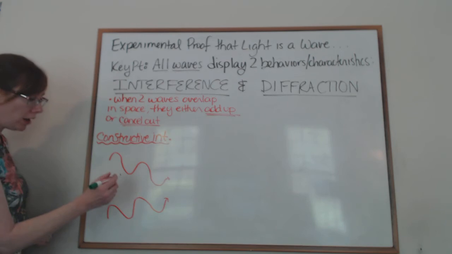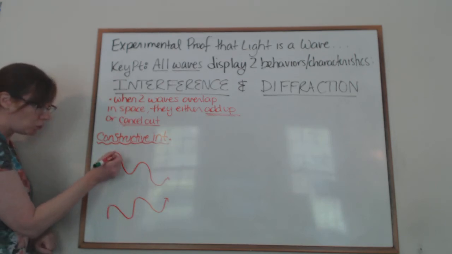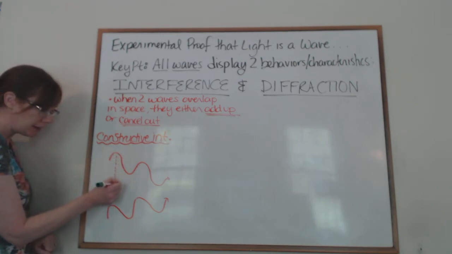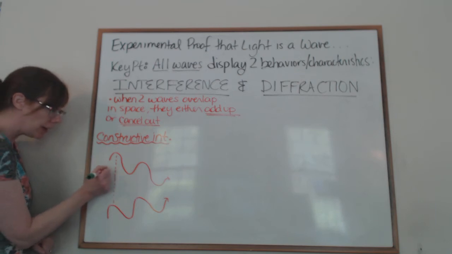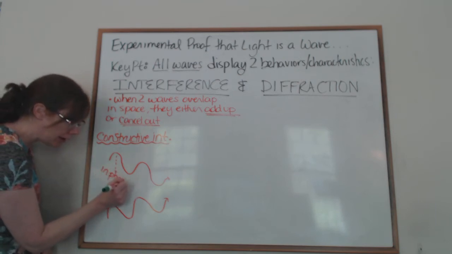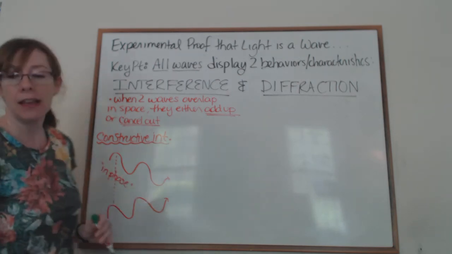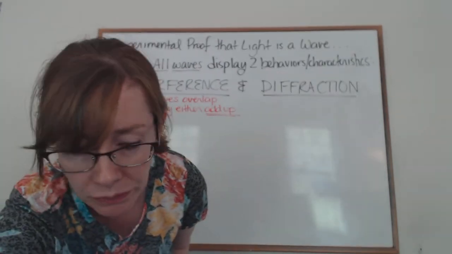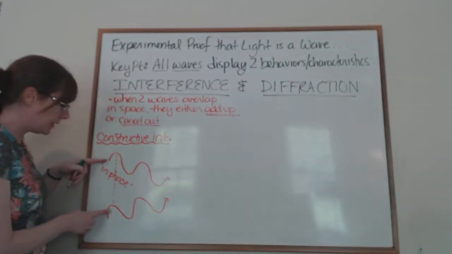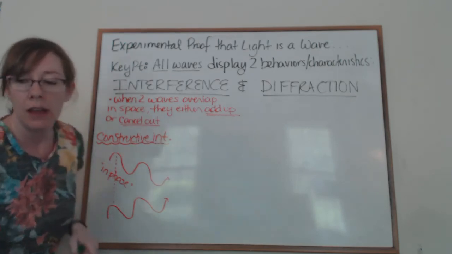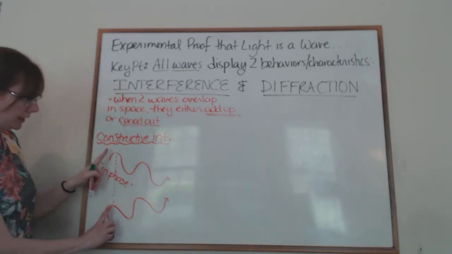Now the way that I've drawn it is where these two waves are what's called in phase. In phase essentially just means that where one of them is experiencing a crest, the other one is also experiencing a crest.